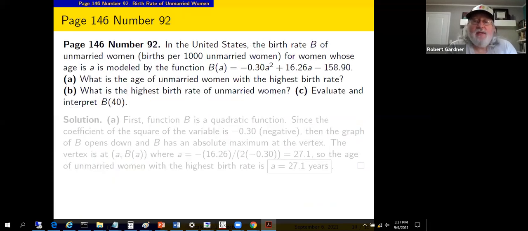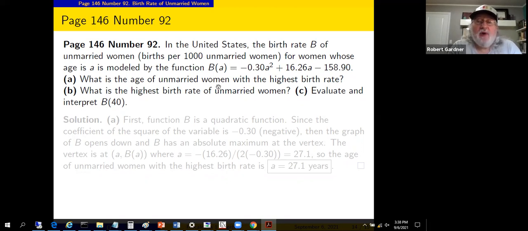And finally, some kind of real world data. So we might have to do some numerical approximations on this. This happens with the uglier numbers. In the United States, the birth rate, capital B, of unmarried women, births per 1,000 unmarried women, so those are the units for B, for women whose age is A, is modeled by the function B of A equals -0.30 A squared plus 16.26 A minus 158.90.